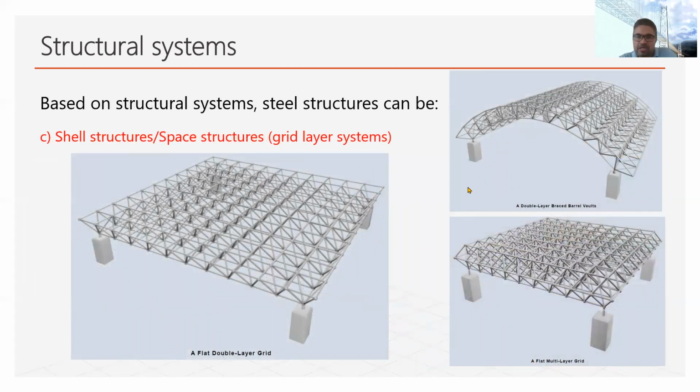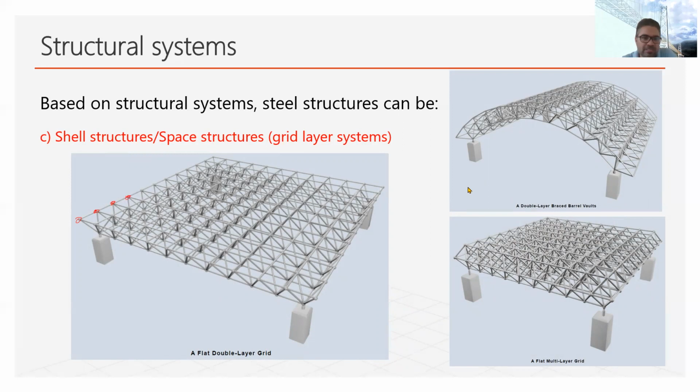Then talking about steel space structures, the grid layer system is an important system and it is used to cover large column-free areas. These grids are subjected to loads at their joints or along the length of a member. I'm talking about this, which is also known as a space frame, used to cover an area.